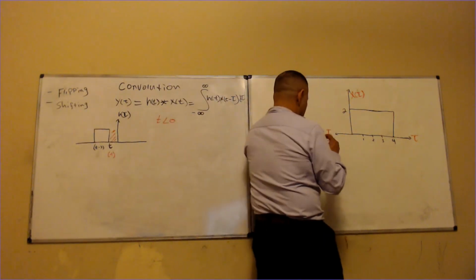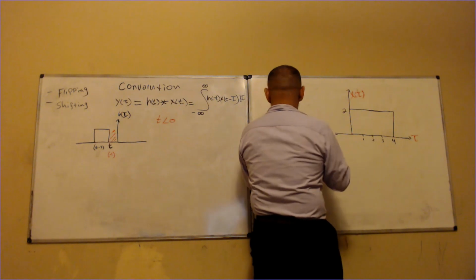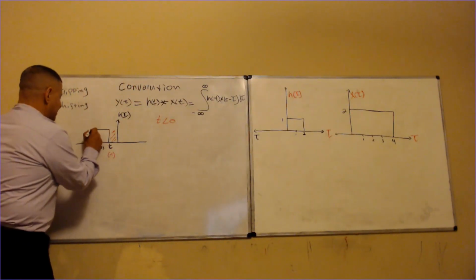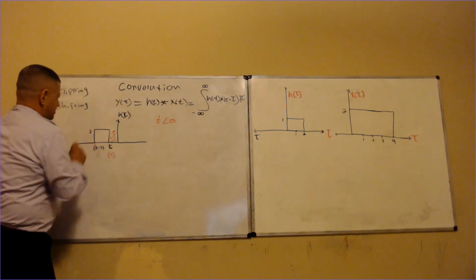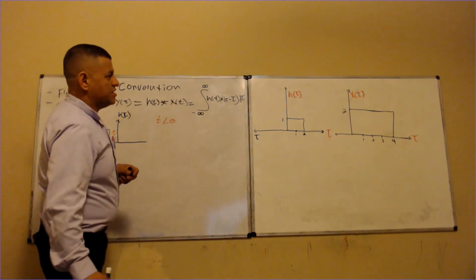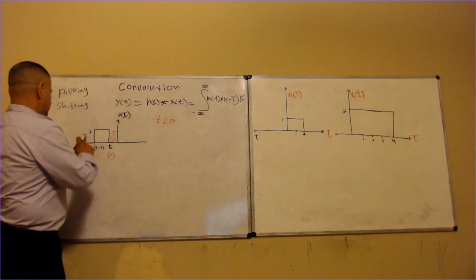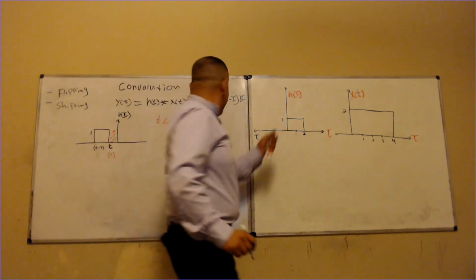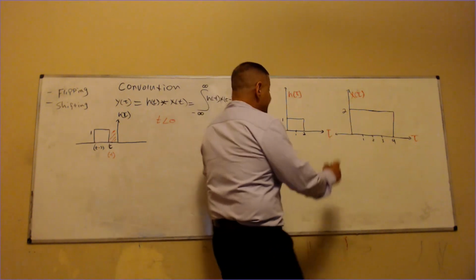This is going to look like this. And this has a height of 2, even though it's not to scale, like I say, but actually 1. I'm sorry, this is 1. So now I have to move this.